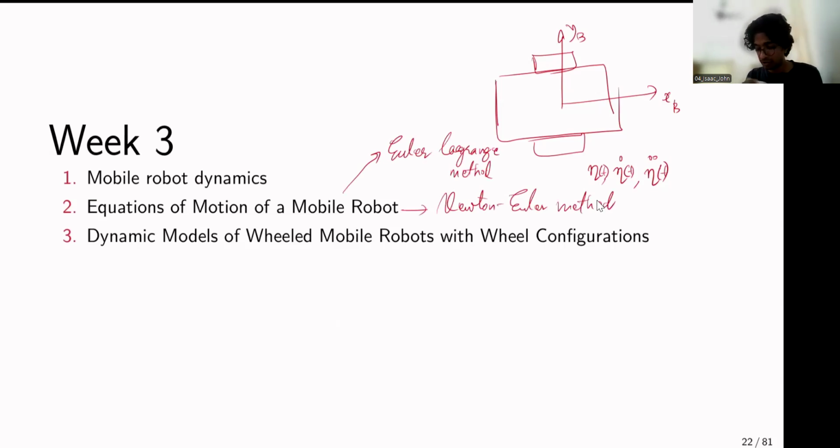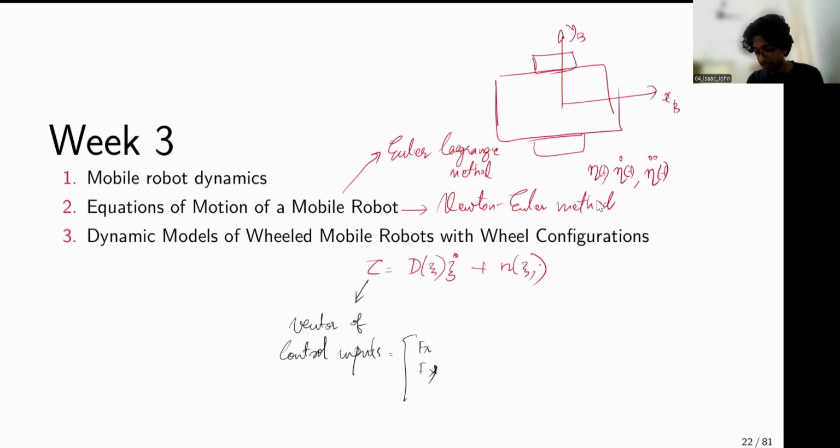A general form of an equation of motion can be written as tau equals D of theta, theta double dot, plus n of theta, theta dot, where this vector called tau is the vector of control inputs, which basically consists of the net force along the x direction, the net force along the y direction, and the net moment about the z axis.